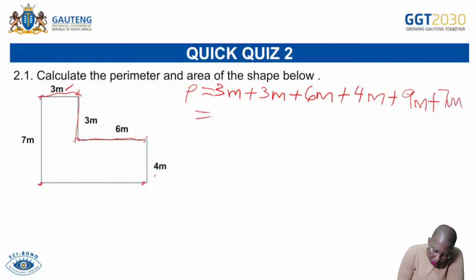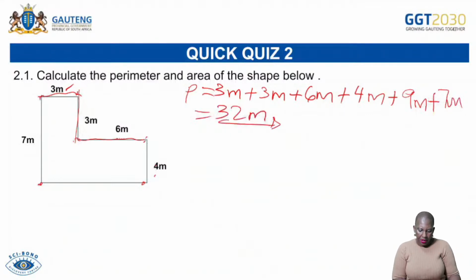Remember, here I'm calculating the perimeter. Like I said, you just add all the sides. It will be 3 plus 3 plus 6 plus 4 plus 9 plus 7. So the total answer will be 32 meters. This will be our perimeter.